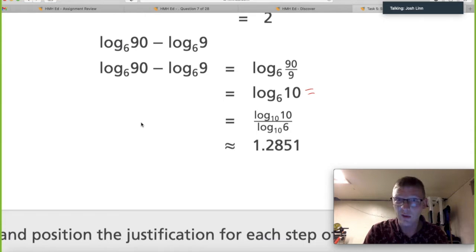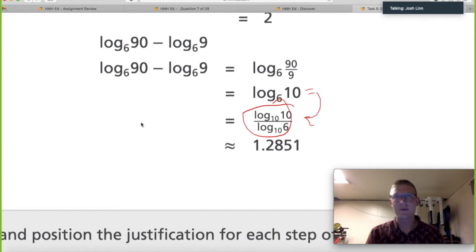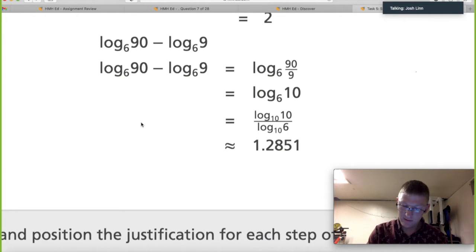This equals our answer right down there, and this is something you can plug into any scientific calculator. I think a lot of you have that super cool fancy graphing calculator that can do log base 6, but not all calculators can. This is something that a regular calculator can handle. Then you just plug it in and you get your answer.